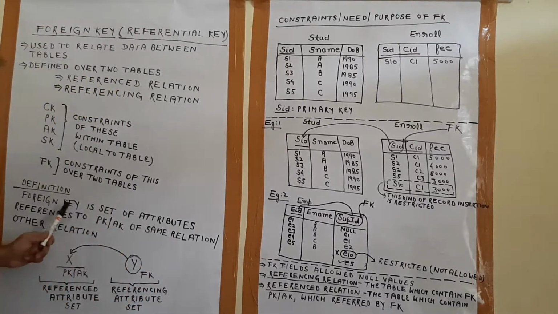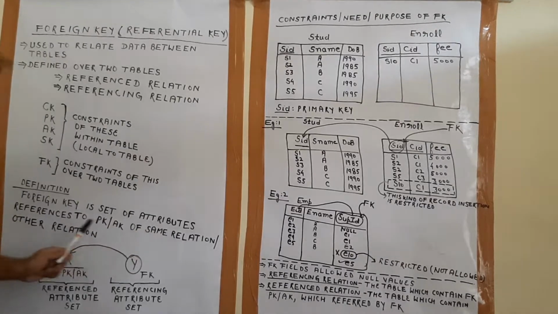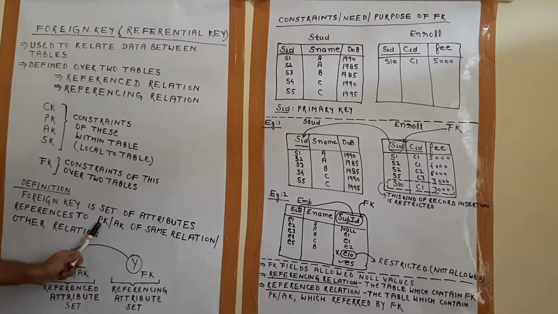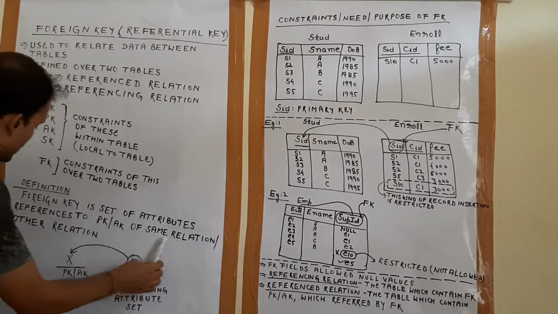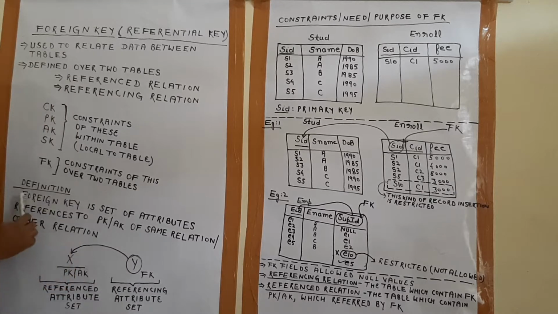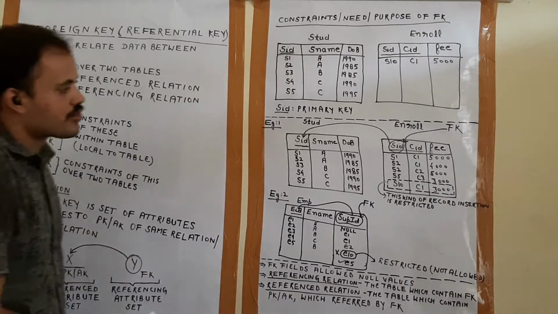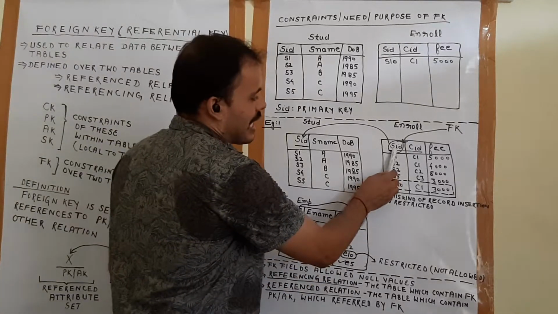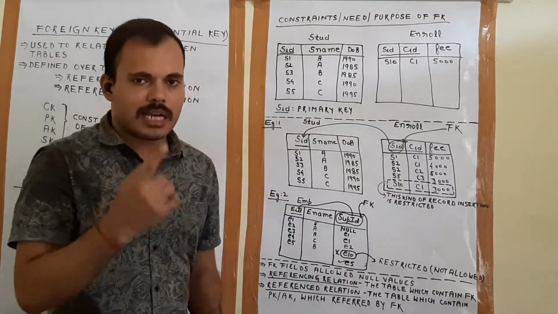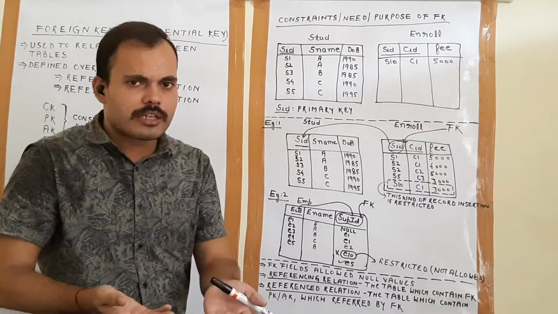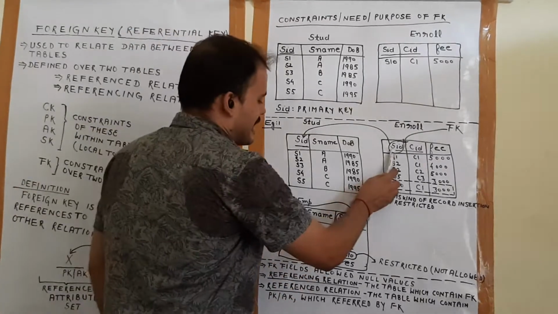Foreign key is a set of attributes that references the primary key or alternative key of the same relation or another relation. Foreign key can be a single attribute or more than one attribute. See here, the foreign key is SID.